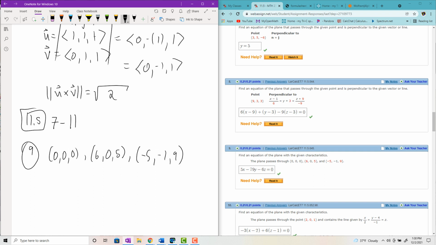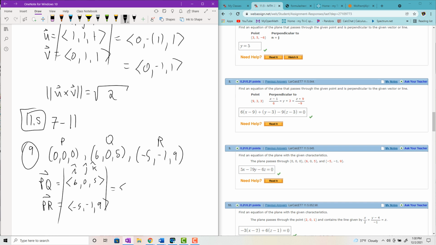Okay, so what I'm going to do is give these points names, and then I'll find PQ and then PR, and then find the cross product, and that'll give me my normal vector to the plane. So PQ is going to be 6, 0, 5. PR is going to be -5, -1, 9. And then I need their cross product.